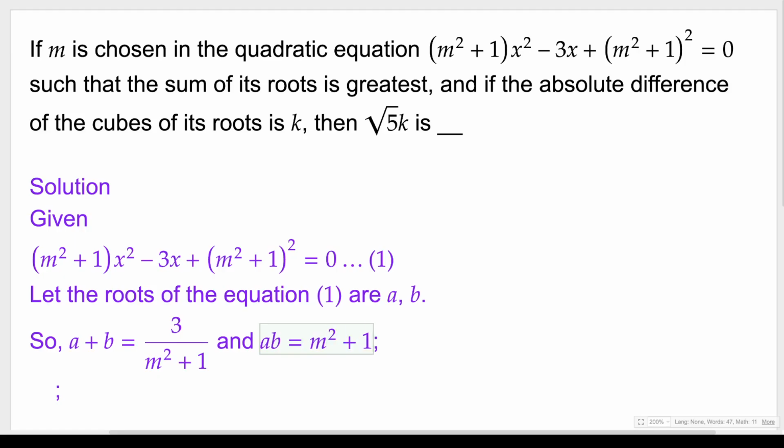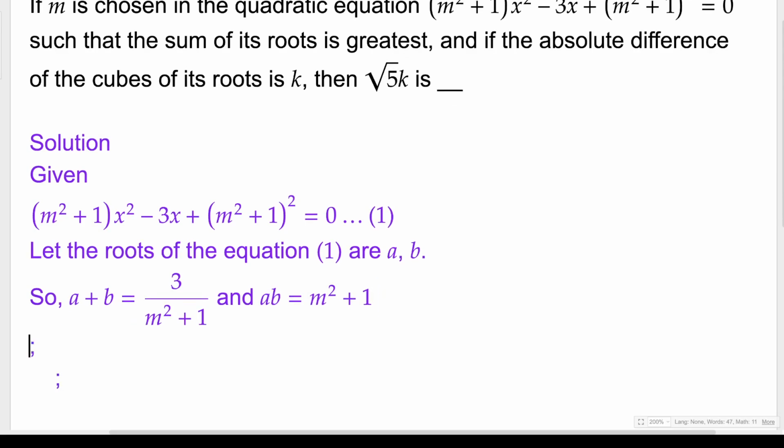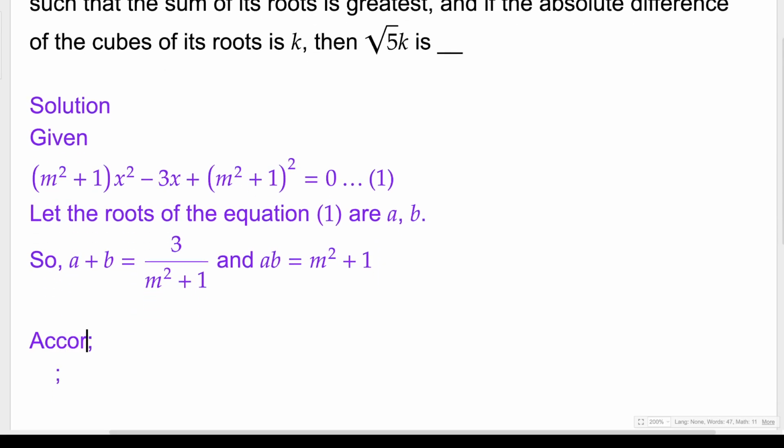You can observe, when you divide (m² + 1)² by (m² + 1), the remaining term is m² + 1 at the end of the day, right? So according to the problem statement, now here we'll write.